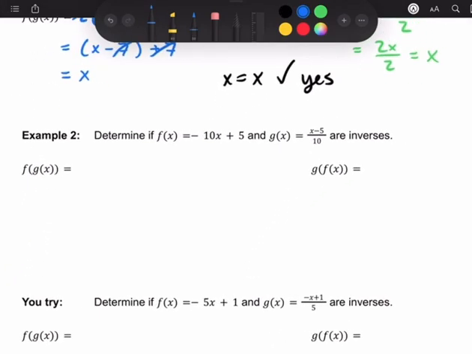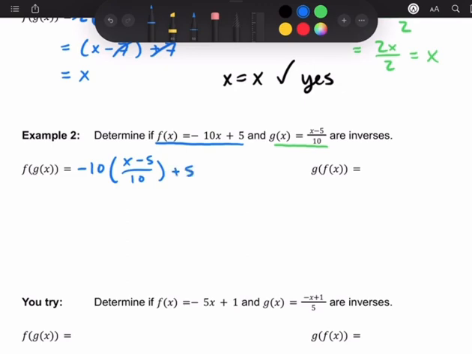Let's do another example. We are given that f of x is equal to negative 10x plus 5, and that g of x is equal to (x minus 5) over 10. Doing the same steps, let's first find f of g of x. Plugging in g of x into anywhere in f where there is an x variable, we get negative 10 times (x minus 5) over 10, plus 5.